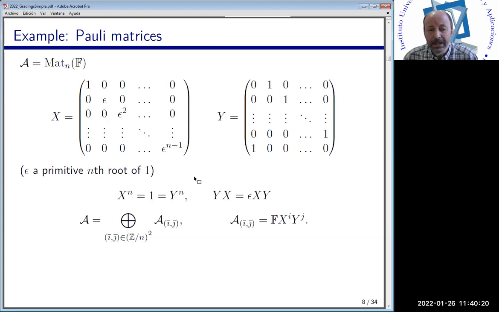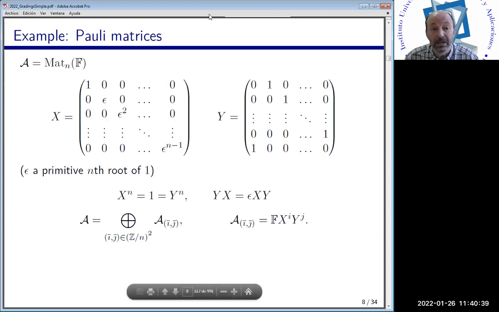And then essentially we have polynomials in x and y. So we have a basis consisting of monomials with exponents up to n-1, because the order of x and y is n. This gives a splitting, and this gives a grading by two copies of the integers modulo n. And all the homogeneous components are one-dimensional.